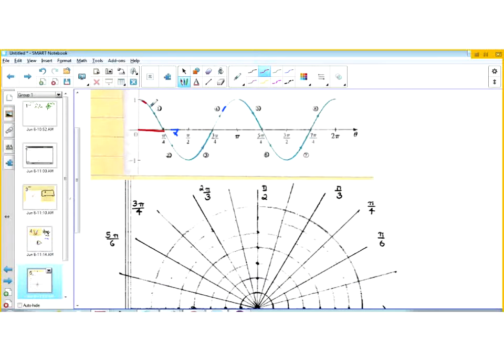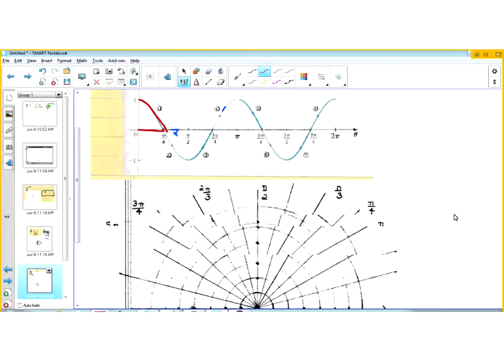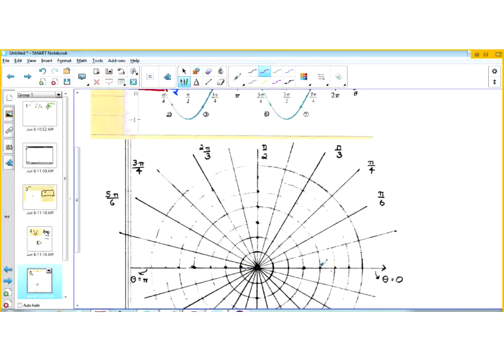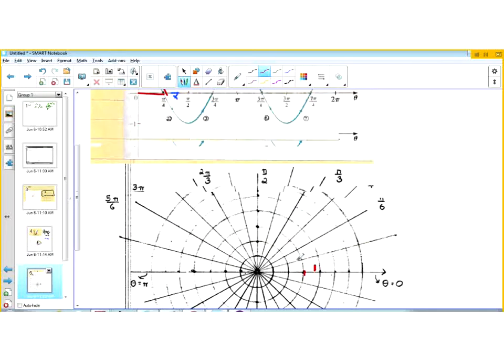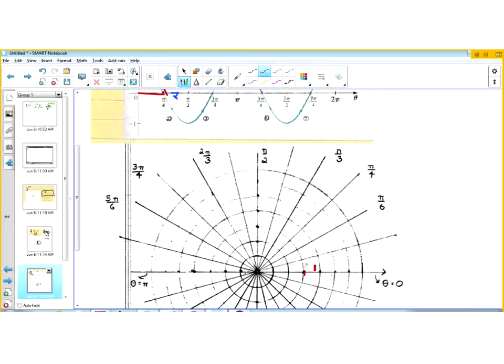So we'll reflect this portion of the graph in the polar plane. For emphasis, we scale our drawing, and we'll call this 1, since our amplitude is 1.